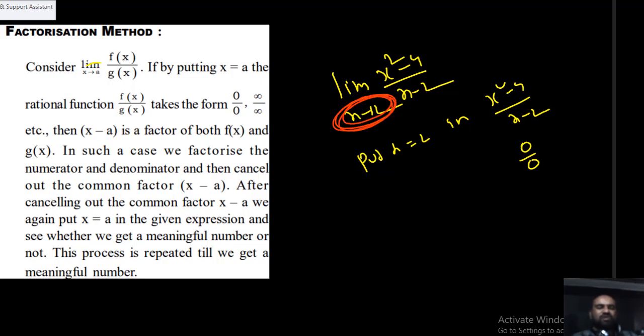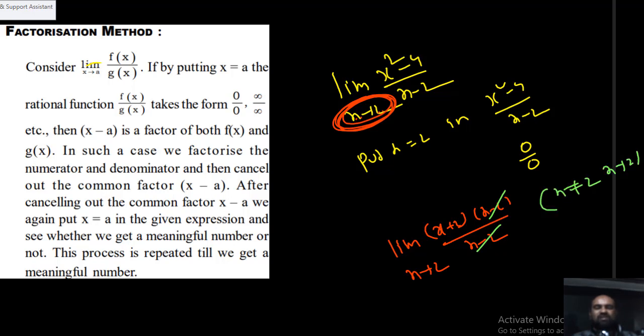Obviously, x tending to 2 means x minus 2 is one of the factors of numerator and denominator. That's why the numerator can be written as x plus 2 into x minus 2, and the denominator is x minus 2. According to this, the x minus a factor should be cancelled. So what can I say, this can cancel. The reason is x is not equal to 2, only x is tending to 2.